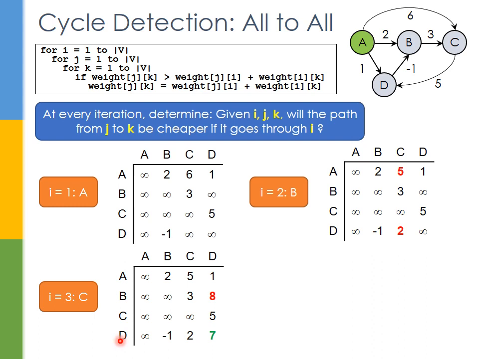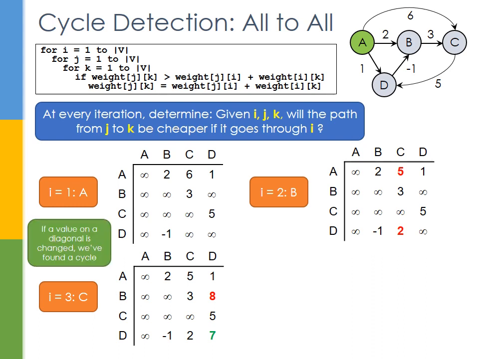So if we consider vertex D connecting to vertex D itself again, we can see that we can find a path back to D again as long as it goes through C. So we need to go through vertex B. We've already considered vertex B on the previous iteration, and then through vertex C, which we're currently considering, and then back to D again. And the cost of that path is -1 plus 3 plus 5, which gives us a value of 7, which we insert over there in our adjacency matrix.